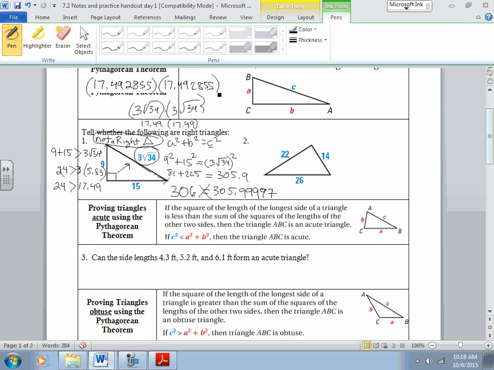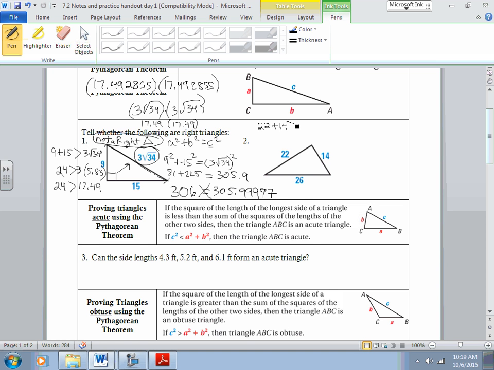Let's check the other one. First, I want you to check, do those sides even make a triangle that's drawn? Which 2 sides should I add? 22 and 14, does everybody agree those are the 2 shorter sides? Yeah. Okay.